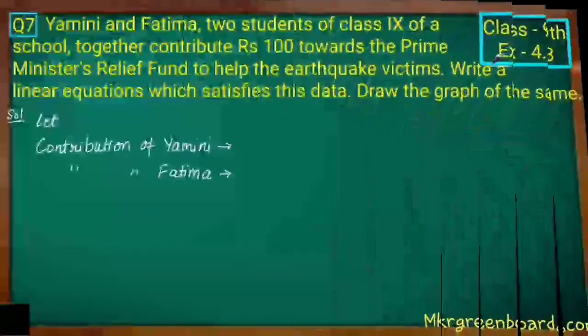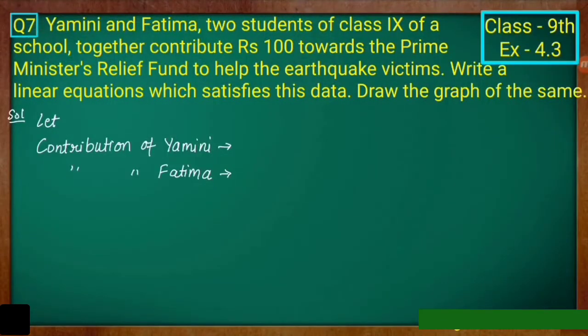Now question 7. Yamini and Fatima, 2 students of class 9 of a school, together contribute ₹100 toward the Prime Minister's Relief Fund to help the earthquake victims. Write a linear equation which satisfies this data. Draw the graph for the same. It's a very simple question. Here are 2 friends, Yamini and Fatima.